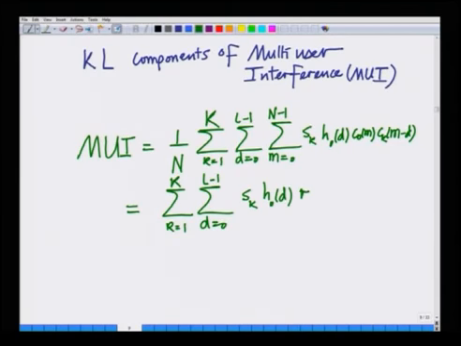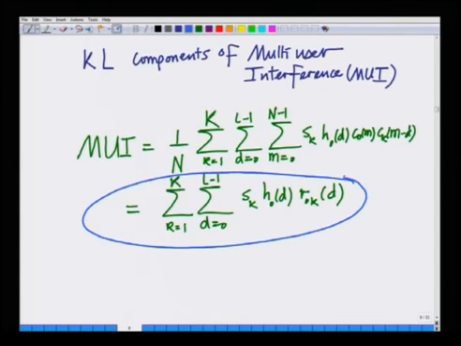Hence, I will write this as R 0 k with lag of d. All right. So, this is essentially the MUI term, or the multi user interference term in the CDMA system.